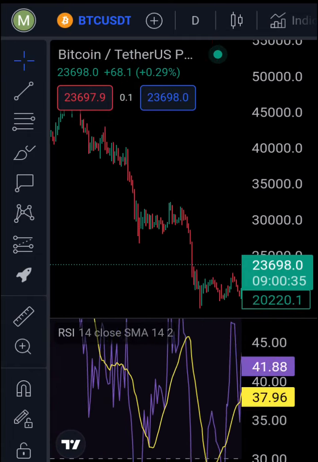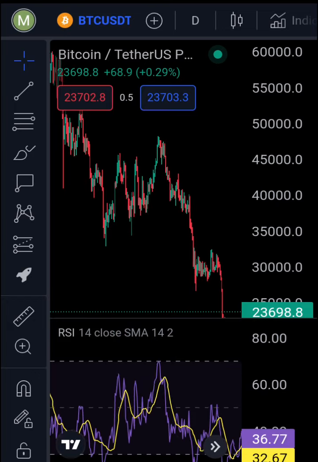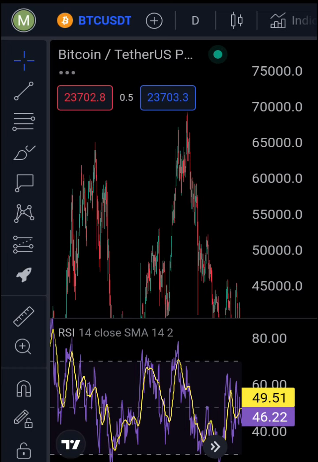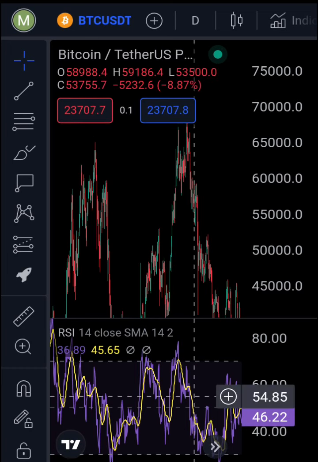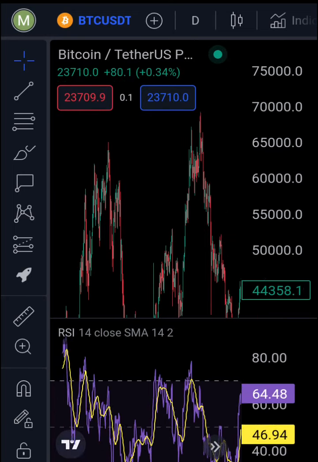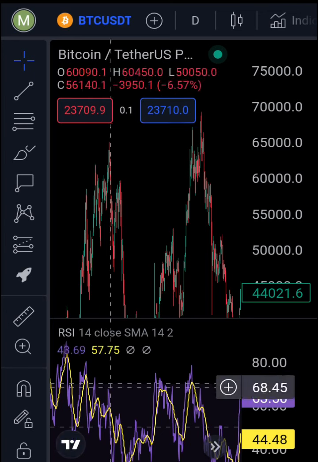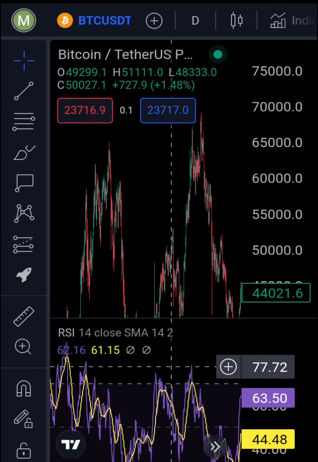When we were up here at 69K, we had major bearish divergence. We had a high peak over here and a higher peak. On RSI, on the daily, we had a peak over here and we had a higher peak.